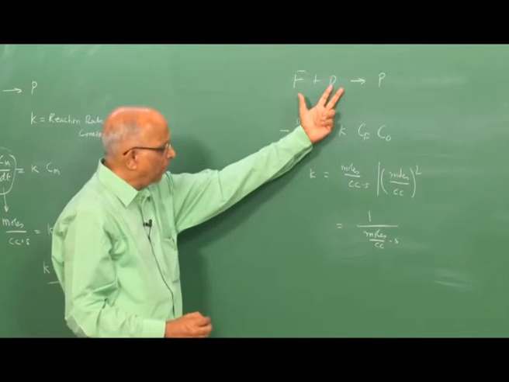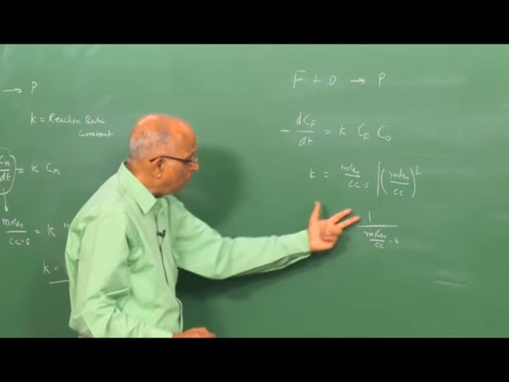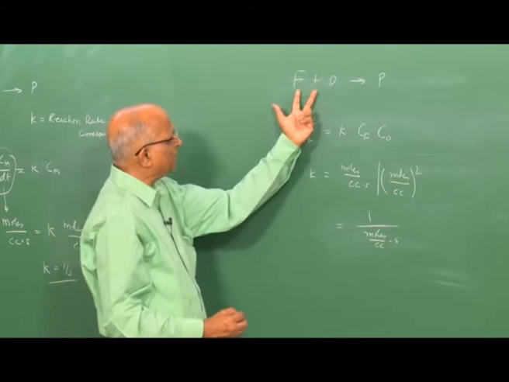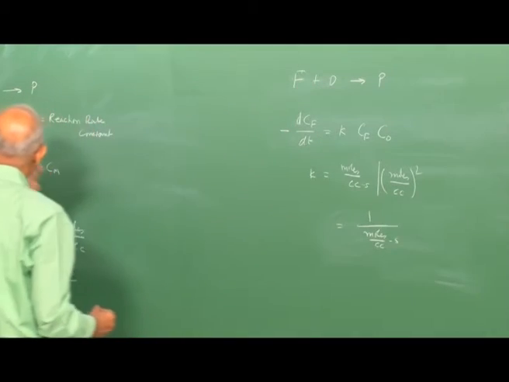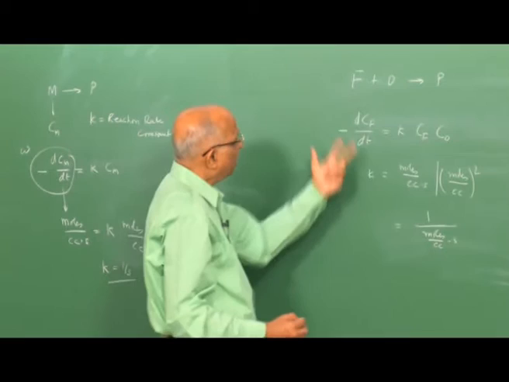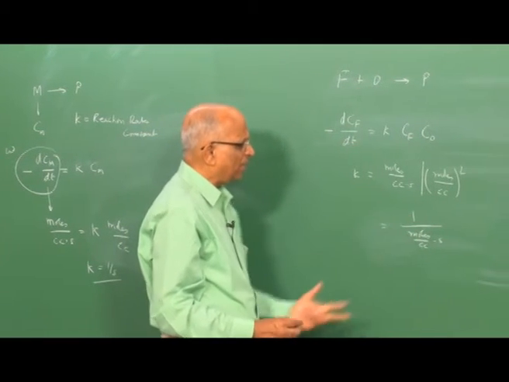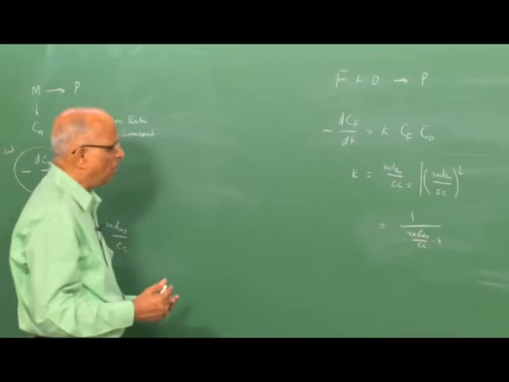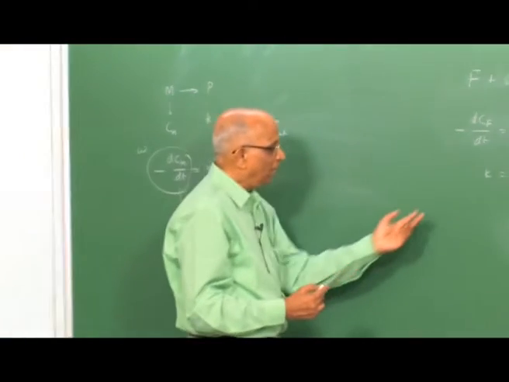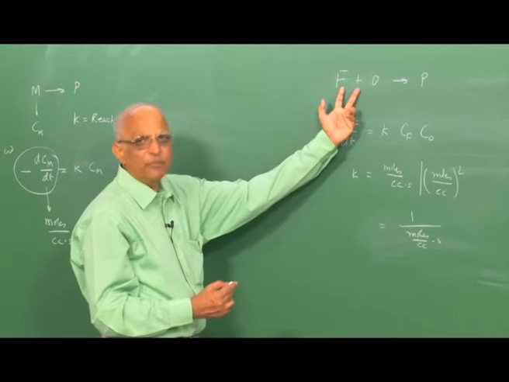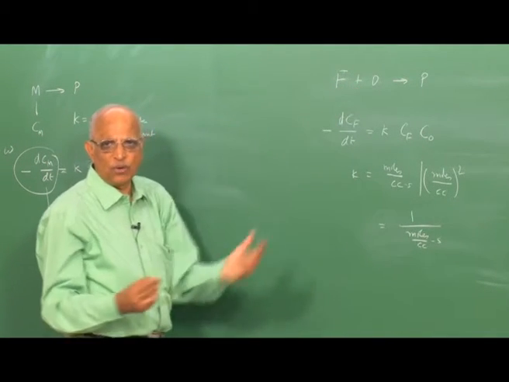If I have 3 of them, it is going to be 1 over moles per cc square into second, and therefore, we call these things the order of a reaction. We say first order reaction, second order reaction. If 3 are involved, fuel plus oxygen plus something else, I say third order reaction, but we will not get into the details of these reactions, but we note that the reaction rate constant has different units depending on the type of reactants and the number of reactants we have.